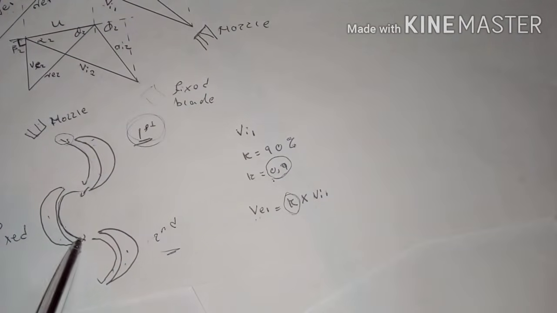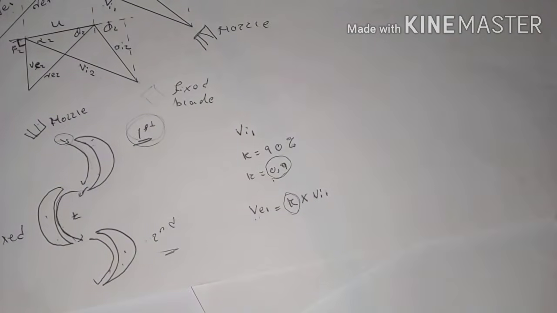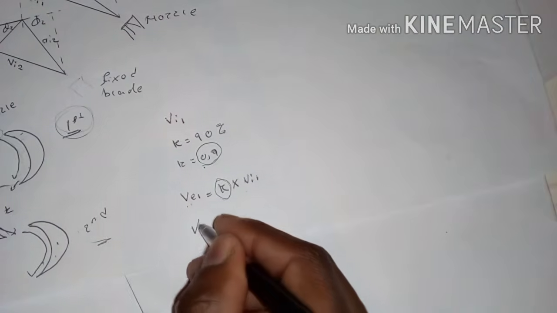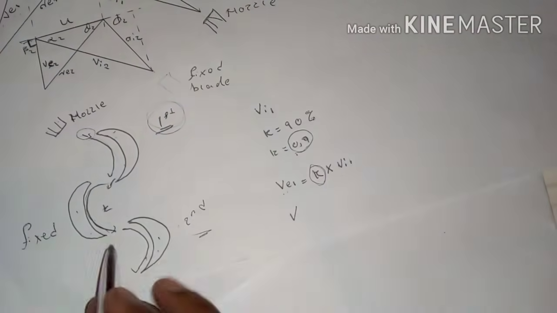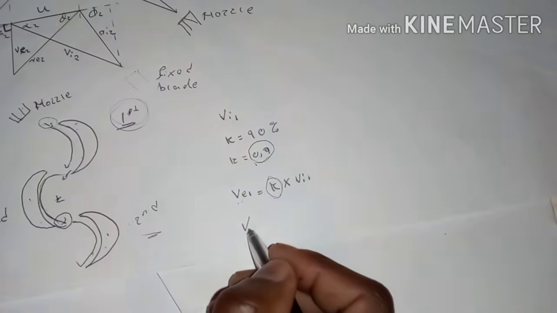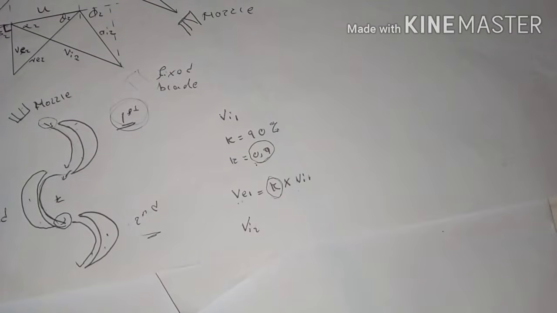And then as it is coming out of the fixed plate, remember, we also take K into consideration. The velocity at which the steam will leave the plate will be VI2, because that is the velocity at which the steam will enter the second row.